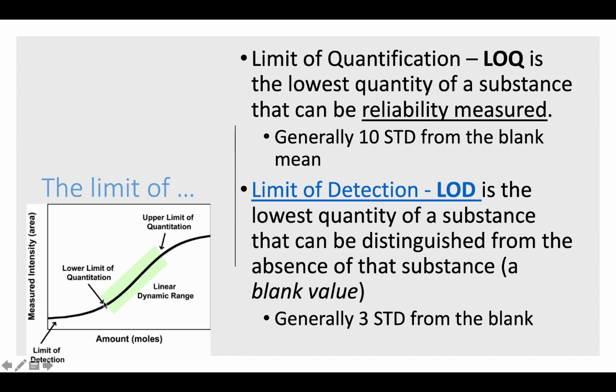And this is the limit of quantification. This is where the technique within the analytical method could not only repeatedly detect, but repeatedly measure the amount of substance that is present from the filter or from the media. So these are two different specific terms.